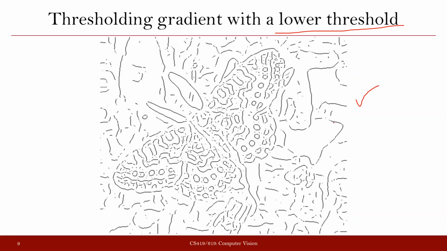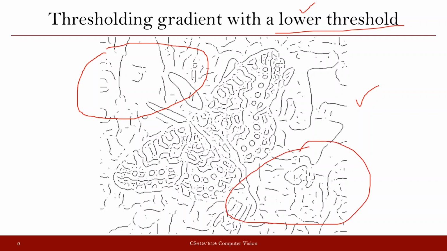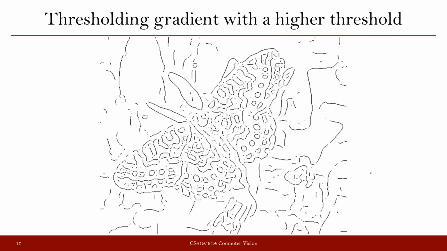As you see in this case, we have chosen a lower threshold. When you choose a lower threshold, you see a lot of details, a lot of edges visible here, which are actually not the true edges. If we increase the threshold, we will see that many of the false edges have disappeared.